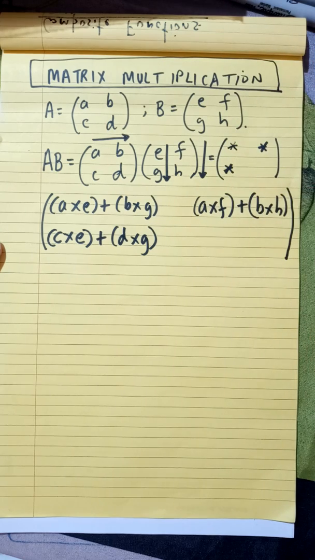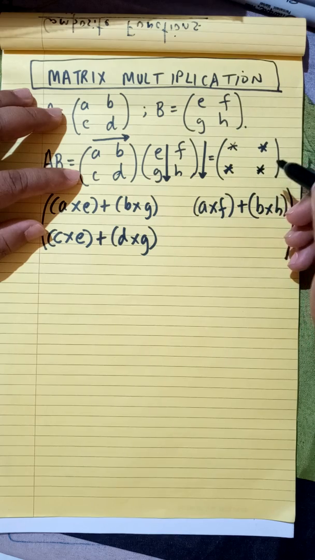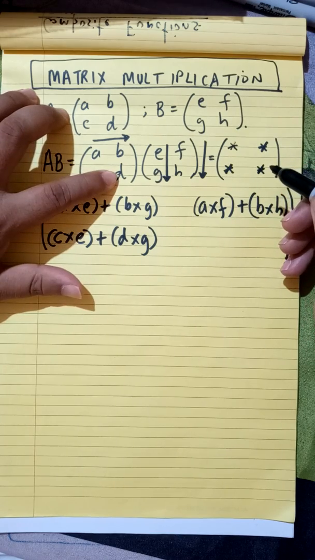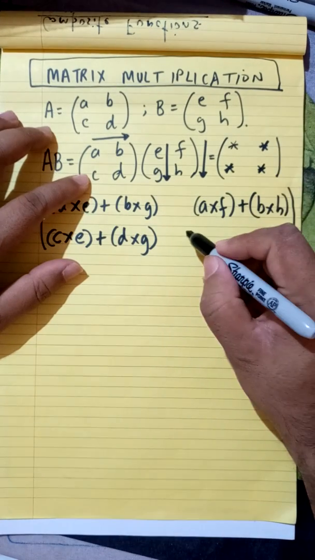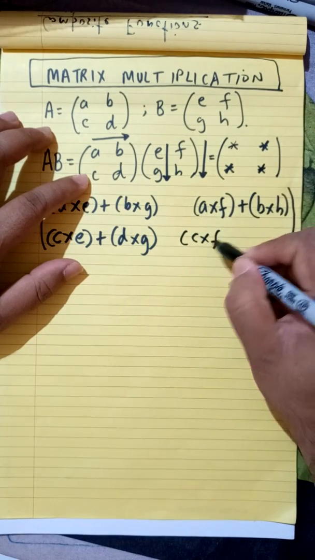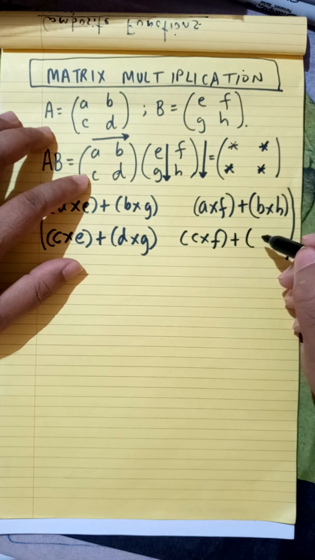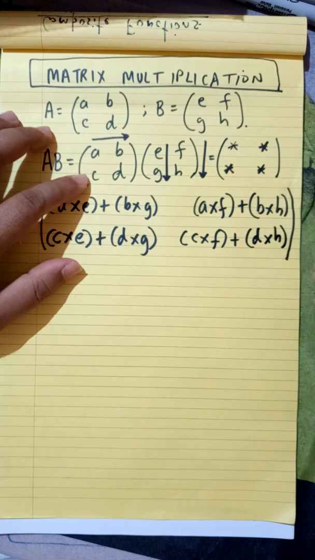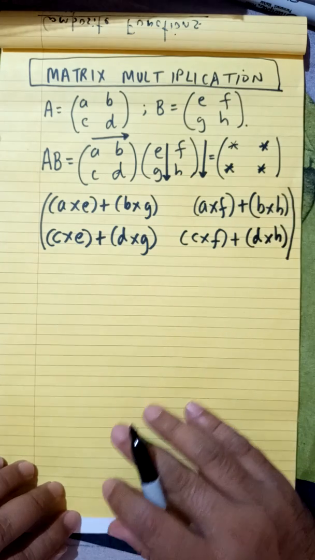Sounds confusing. Anyways, to get this number here now, we're going to use the second row with the second column of this matrix here. So it's going to be C times F plus, can you tell me what next to write? What do you think should go here? Okay, D times H. Very good. And that's how we multiply two square matrices.